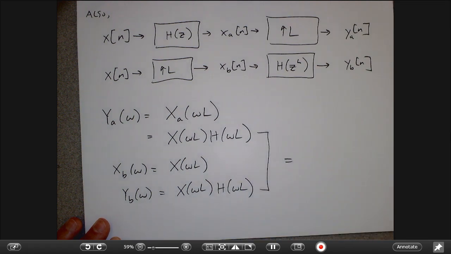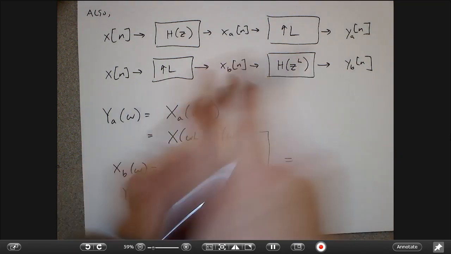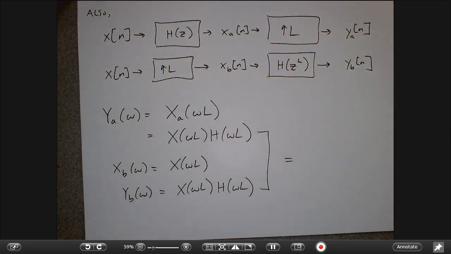So that was actually a lot easier to prove. And so what this means is that I can interchange the zero insertion process and the filter with just a little bit of a change of what filter I do, right? And so, as I'm going to show more in just a second, why would I want to do this, right?